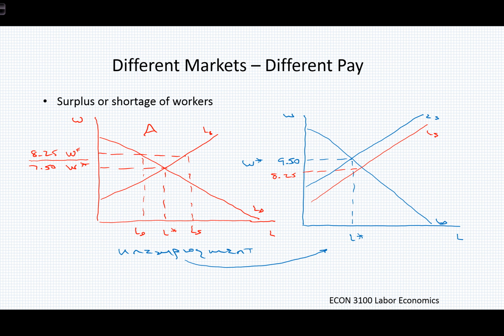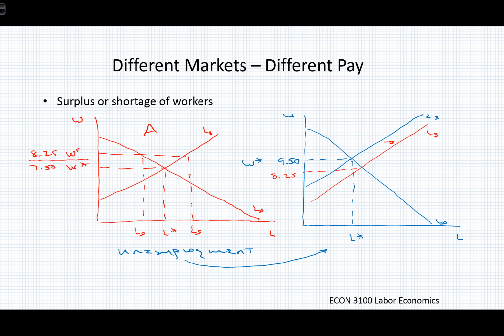And if there is easy mobility from one market to another, which there probably was not, but if there was, then that might motivate some movement outward of the labor supply curve as some of these unemployed workers go to find work in this other market, which then might bring this back down to the 8 1/4 level, or maybe even the 7.50 level, in which case the wage floor would become important for both markets.